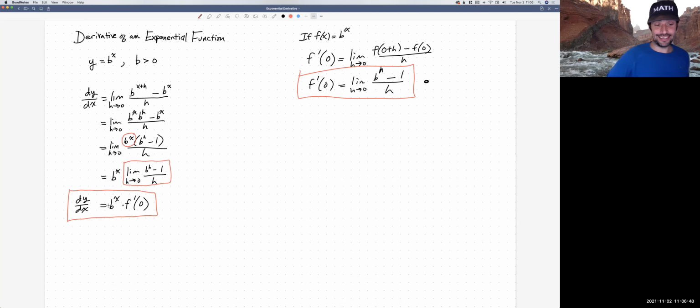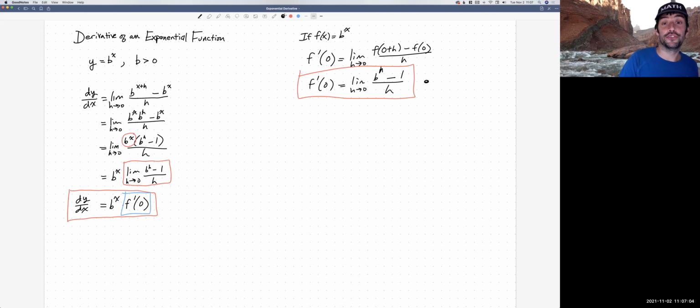It also tells us that the derivative is proportional to the function itself, right? So this number here, f prime of 0, it's some number.